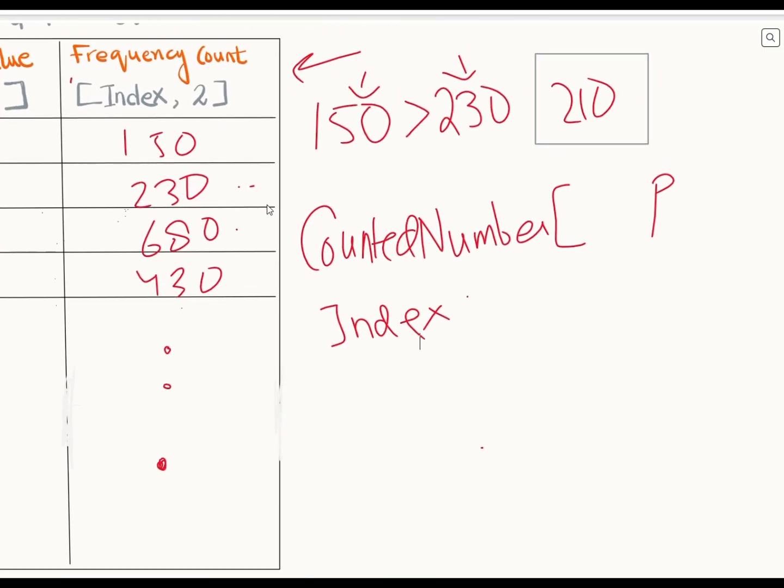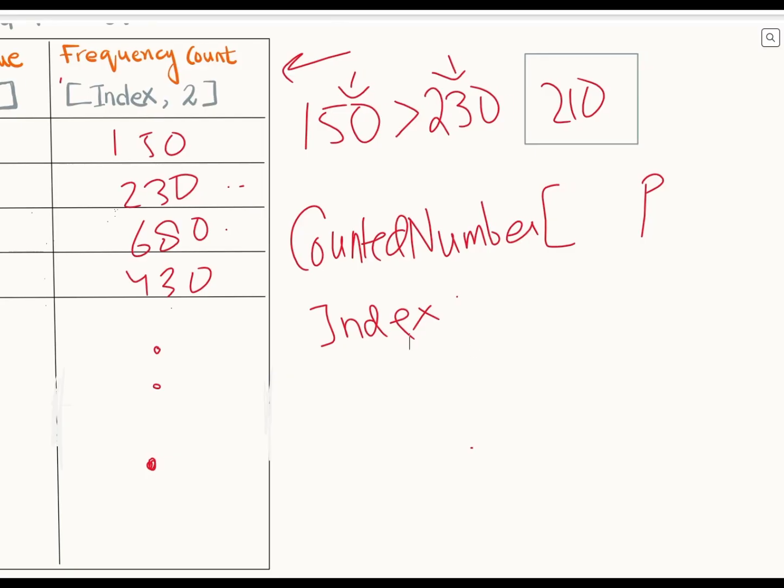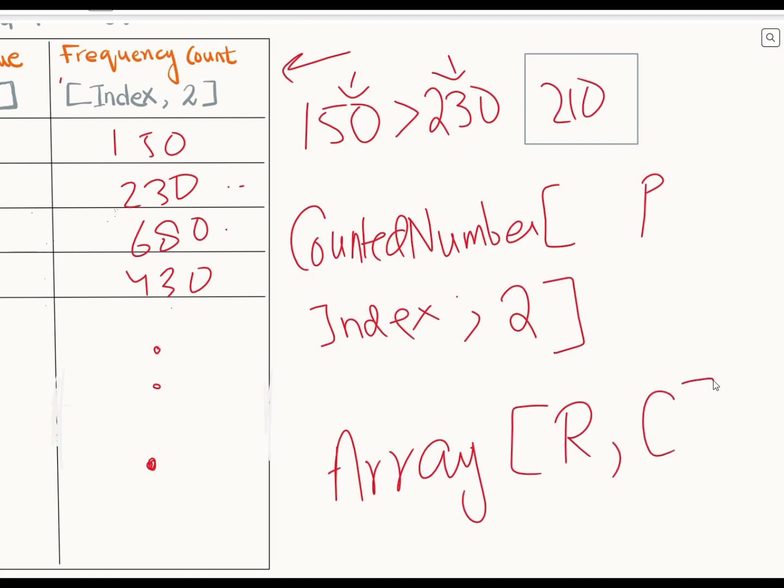When I apply a for loop: index, comma, 2. Always remember that the array name comes first, then the row, and then the column position. This means which row and which column.